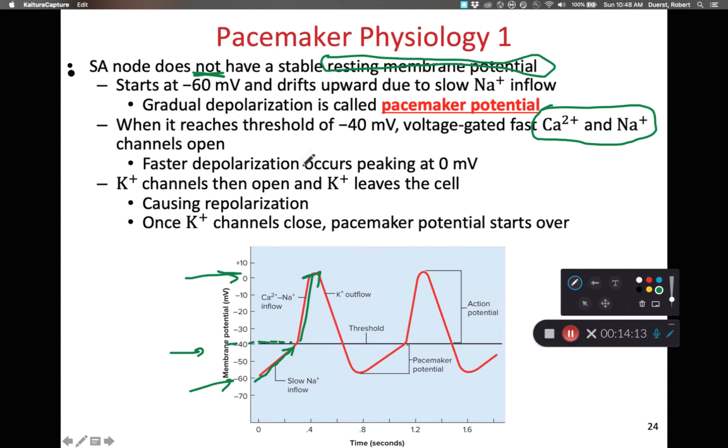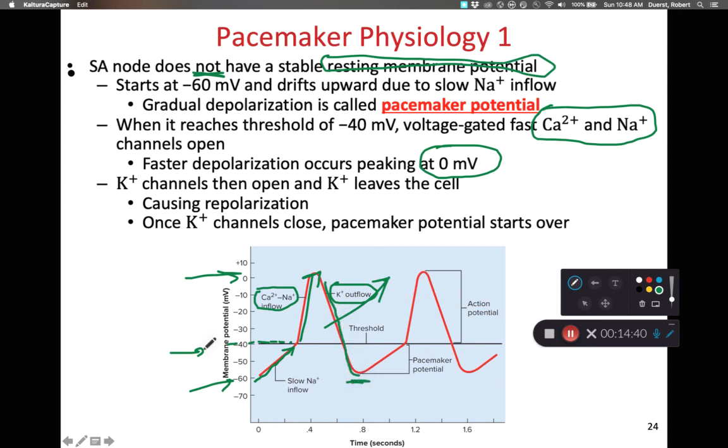The depolarization event peaks at about 0 millivolts. At 0 millivolts, the calcium and sodium voltage-gated channels close. The potassium voltage-gated channels pop open. Potassium flows out. There's efflux of potassium. And as we lose positive potassium ions from the inside, the cell becomes increasingly negative.